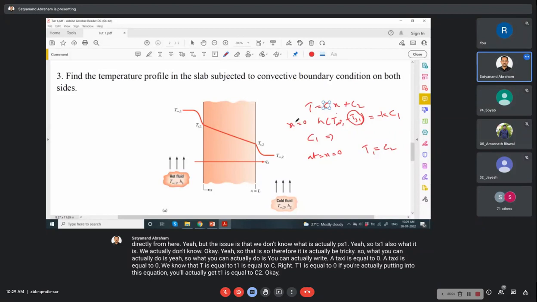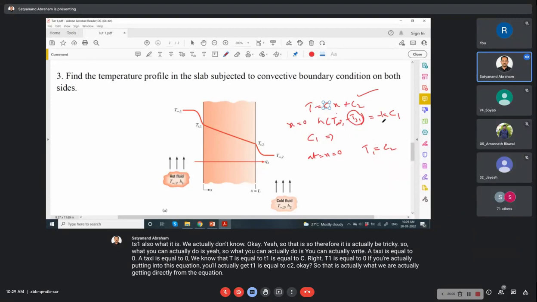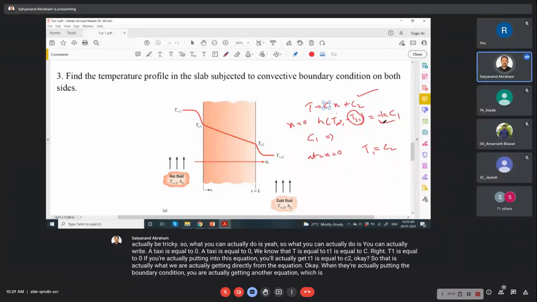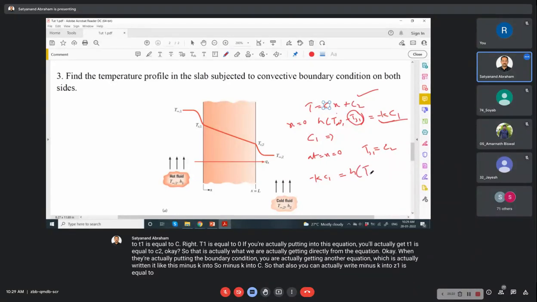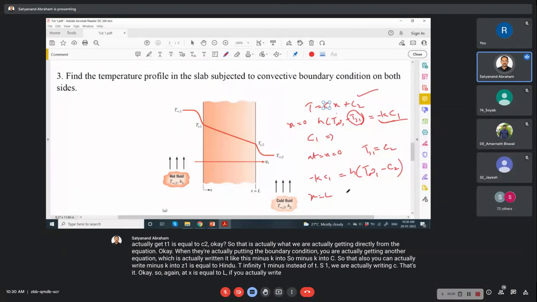When you put the boundary condition, you get another equation: minus k into C1 is equal to h into (T infinity 1 minus, instead of Ts1, we write C2). That's it.